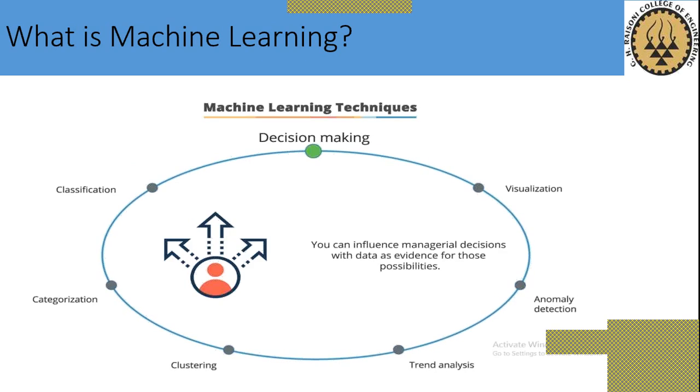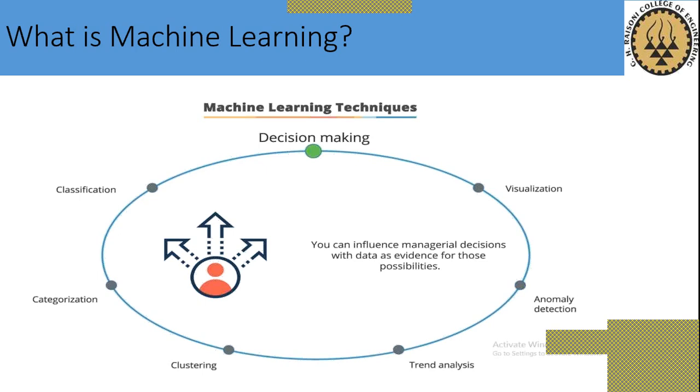And the last and most important technique we are using in machine learning is decision making. Decision making means you can influence managerial decisions with the data as evidence for those possibilities. So decision making algorithms are mostly used by managerial level people.